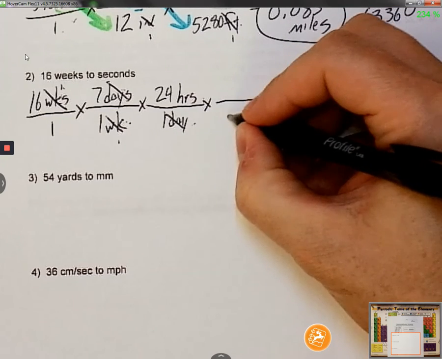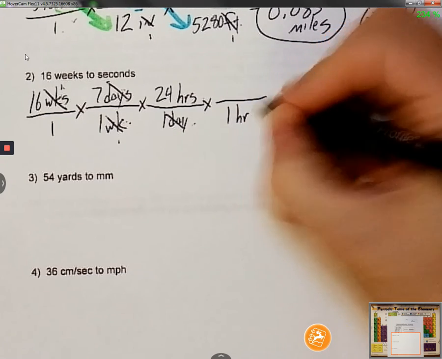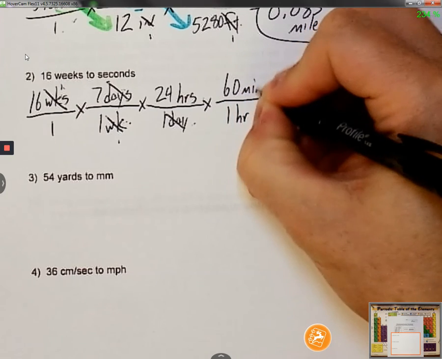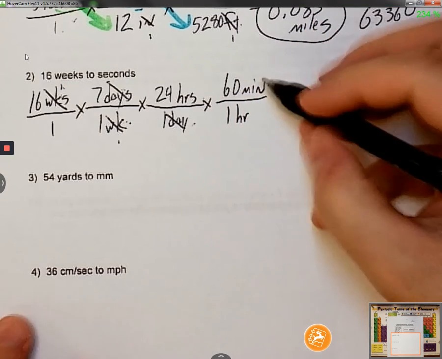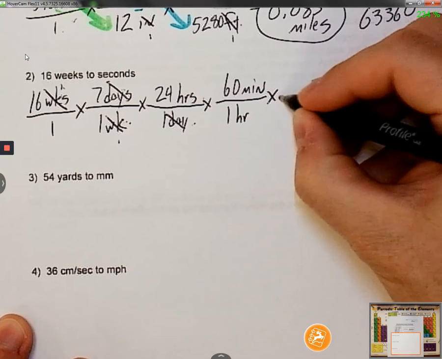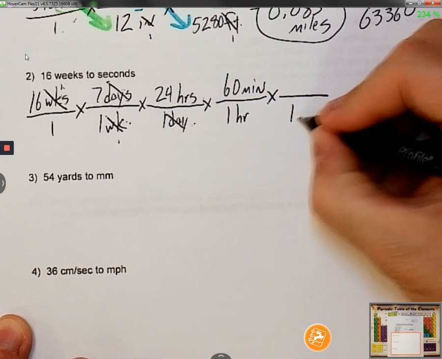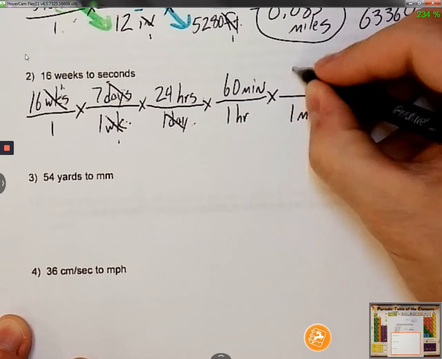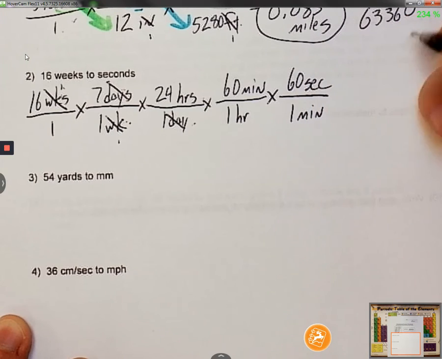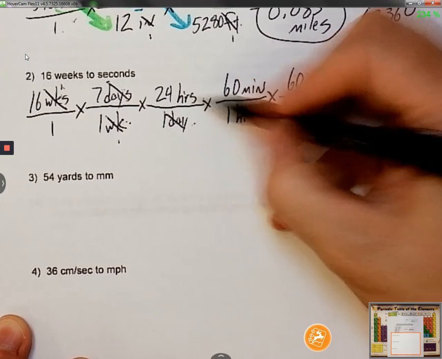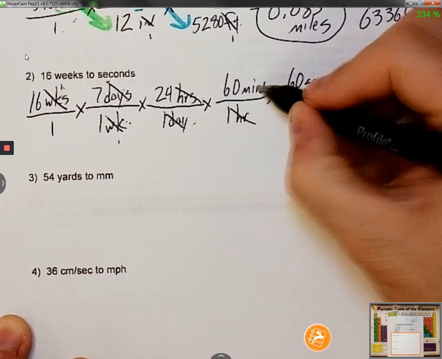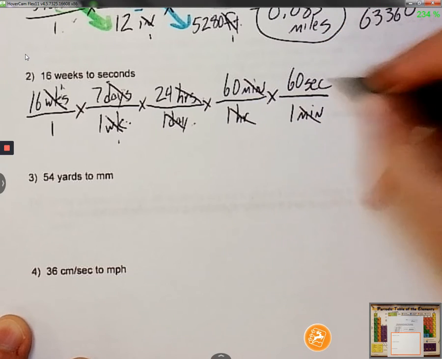We've got 1 hour equals 60 minutes. I'm not trying to get minutes, I'm trying to get seconds, so I need one more step. And I know that 1 minute is 60 seconds. So hours will cancel hours. Minutes will cancel minutes. What am I left with?